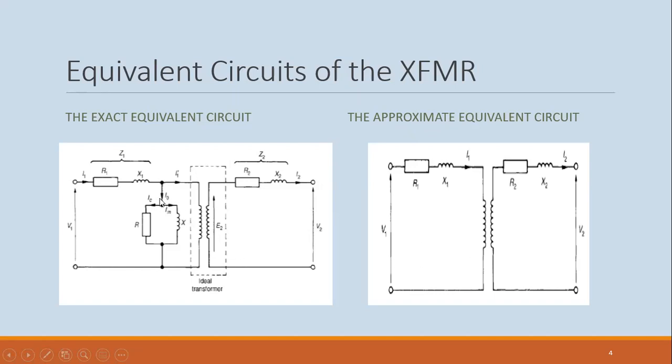And as you can see, it will simplify our analysis of the circuit. So the difference between the exact and the approximate is that the core parameters have been taken out. And we said there will be some loss of accuracy, but it won't be very significant.